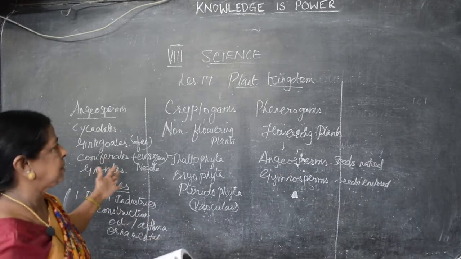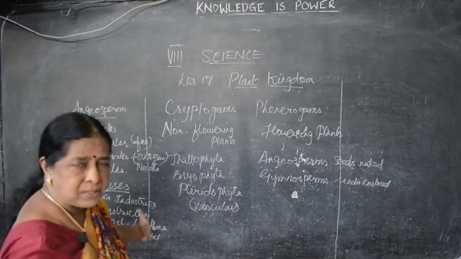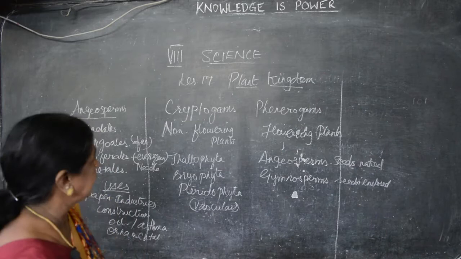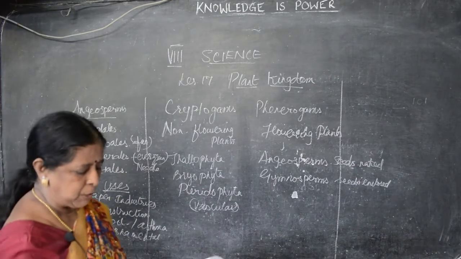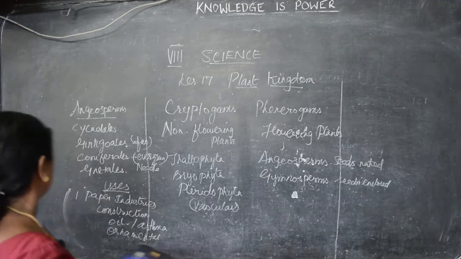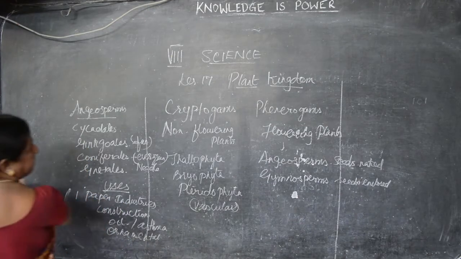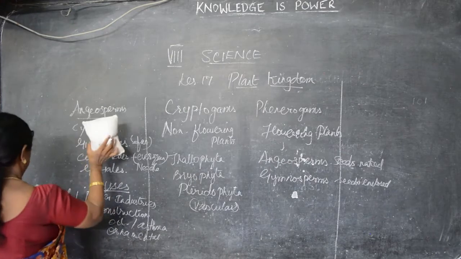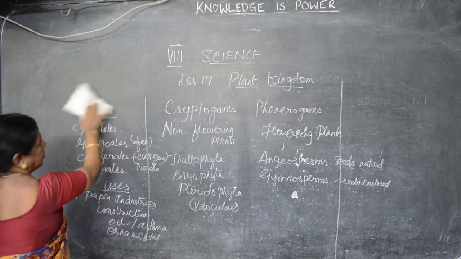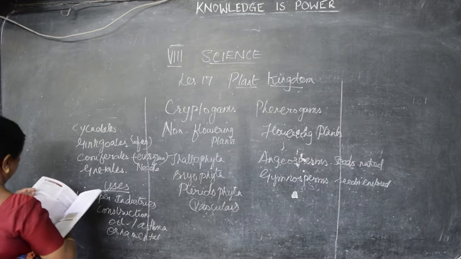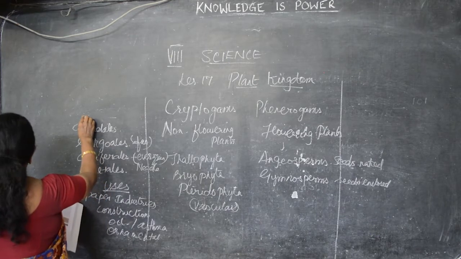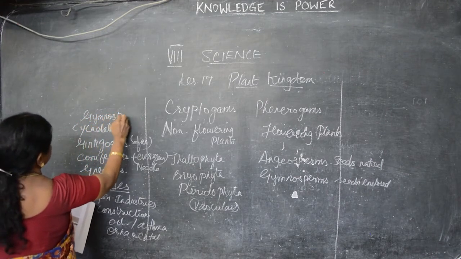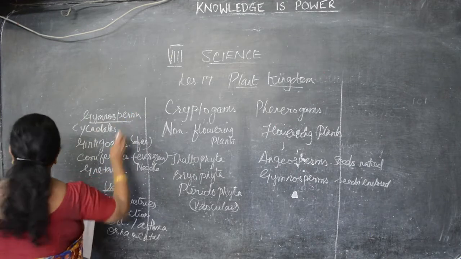Now we have seen what is gymnosperm, what are the divisions of gymnosperm, what is the economic importance of gymnosperm. Now we have to see angiosperm. Angio means closed, that is, seeds are closed.